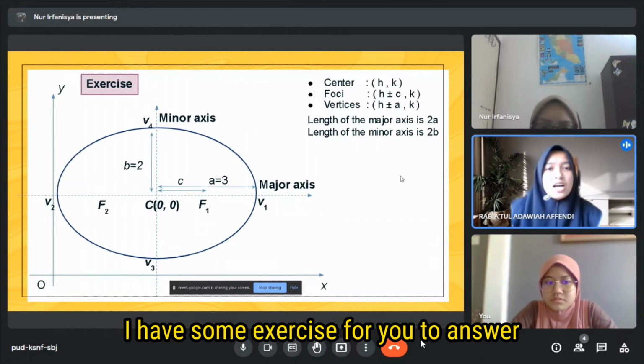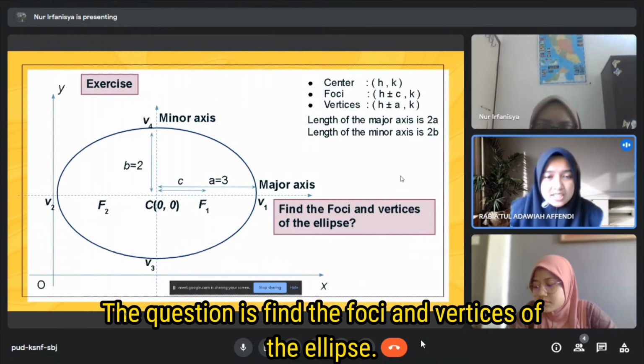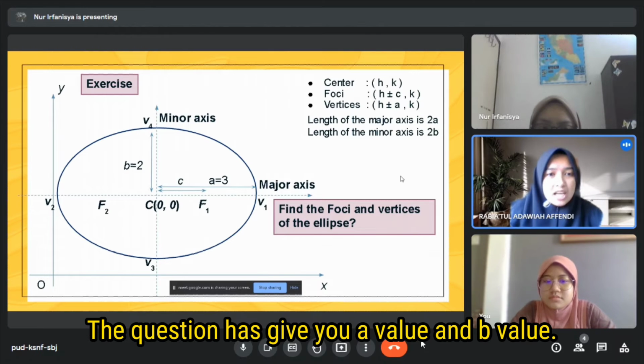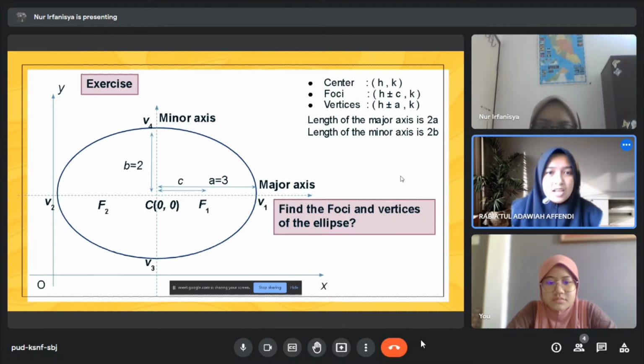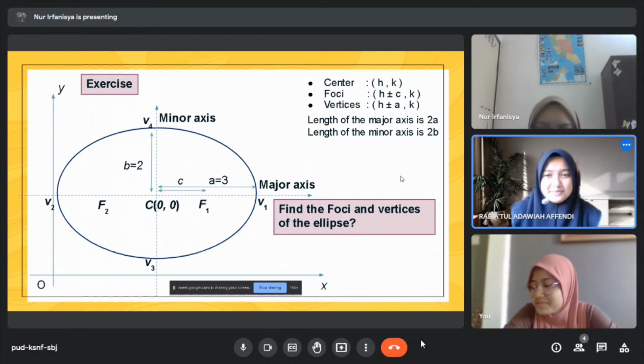Now I have an exercise for you to answer after my explanation. Find the foci and vertices of the ellipse. The question has given you the a value and b value. I give you some seconds to calculate the answer. Time's up.